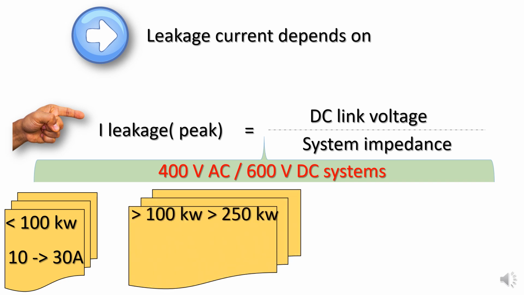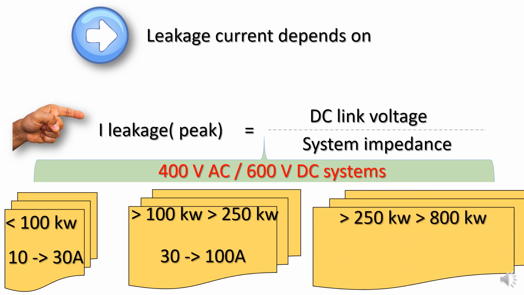If the rating is 100 to 250 kilowatt, the I peak value is 30 to 100 ampere, and in case of 250 to 800 kilowatt nowadays, the current may reach 200 to 300 ampere. This is I peak. For a few milliseconds, or few microseconds, it may touch this value. This is for your thumb rule calculation.